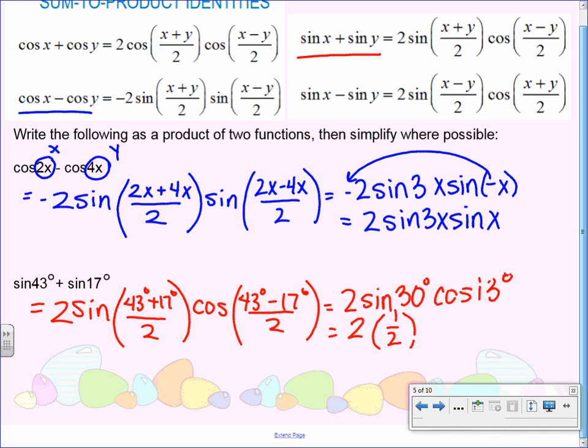Is there any identity that we know that can get us to a 13? I don't think anything's going to get us a 13. It's not half of anything, it's not any angles on our unit circle that are subtracted, so we can't simplify that. Cosine 13. And then the 1/2 times the 2 cancel. So the answer is cosine 13.